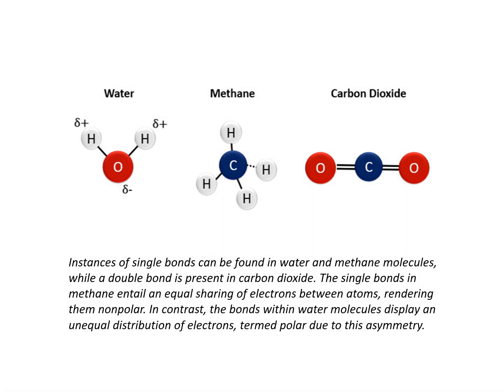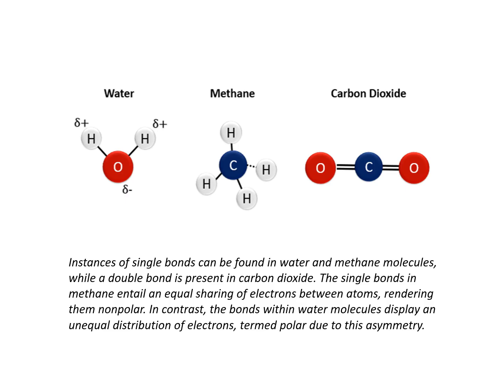This image shows water, methane, and carbon dioxide molecules using a modified ball and stick model. In these models, the balls represent atoms and the sticks represent chemical bonds, helping to visualize molecular structure. You can see single bonds in both water and methane, while carbon dioxide has double bonds between carbon and oxygen.